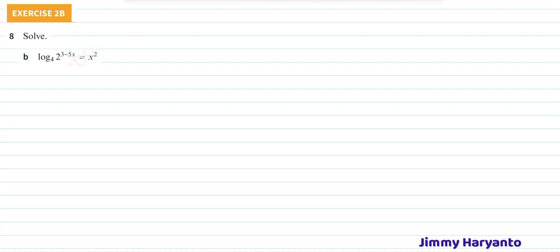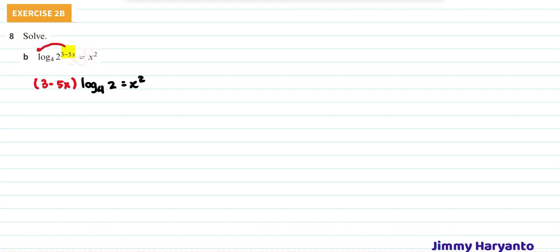Next is 8b. For 8b, if you look closely, we have 3 to the power of negative 5 as the power. That means you can move it to the front. So you'll have 3 minus 5x, and then times it with log 4 of 2 equals x squared. For the log 4 of 2, you can use your calculator.